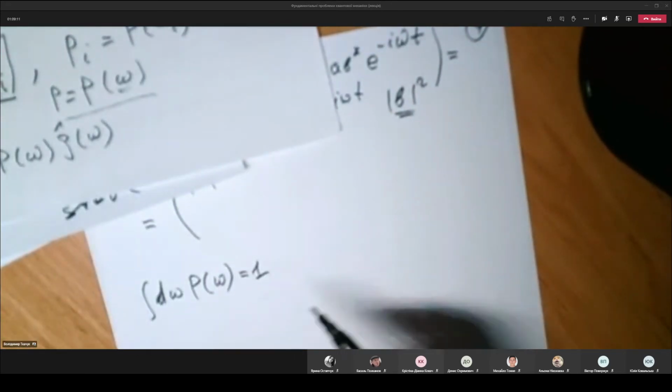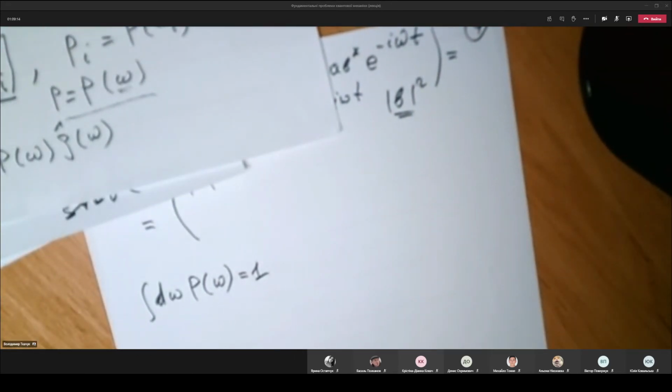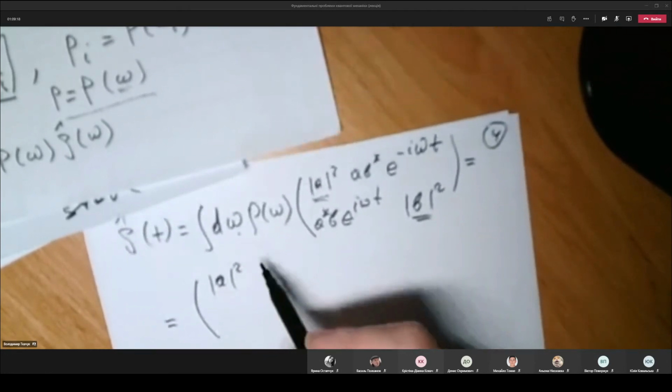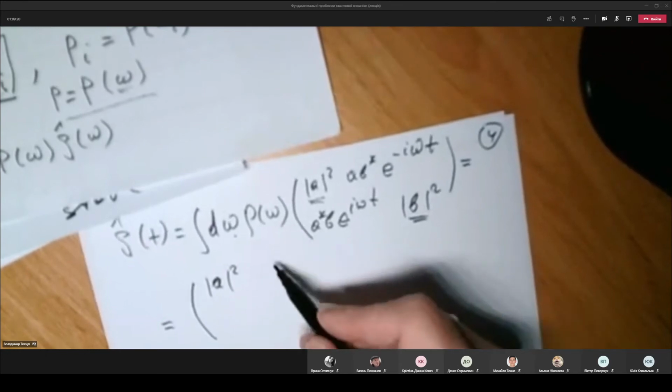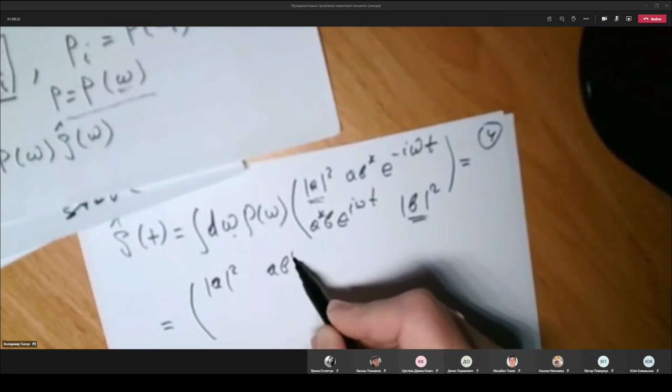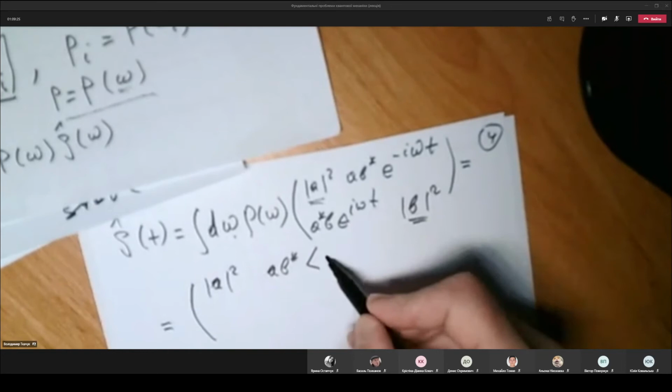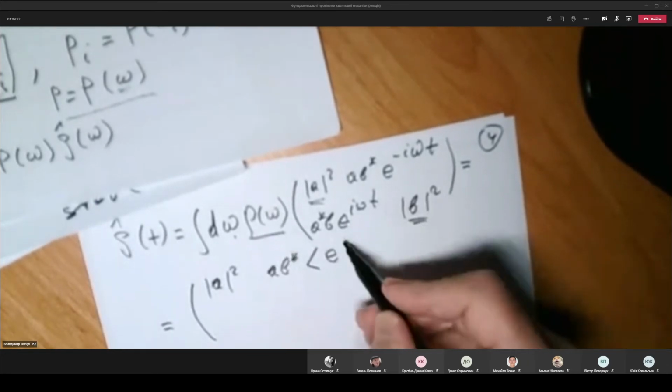It is the law of conservation of probability. So the total probability is equal to 1. Therefore here we have 1, and here we have the mean value of this exponent with such a distribution.